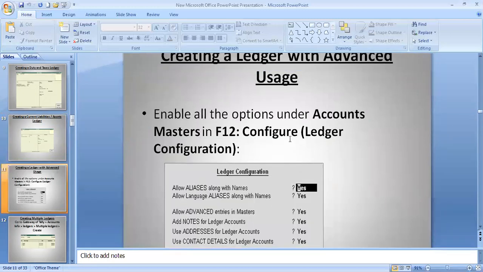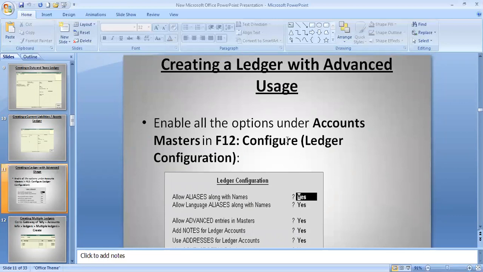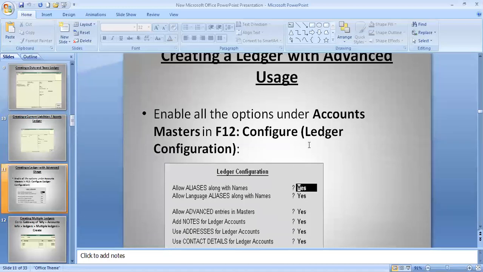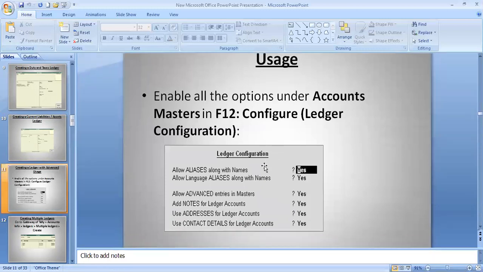Okay. So this is a ledger with advanced usage. If at all you are creating a ledger in Tally ERP9 by usage of the advanced configuration, enable all the options under accounts masters in the F12 configuration. All the transactions that we are doing here are from the F12 configuration only. Okay. So in the ledger configuration, there is alias along with the names.